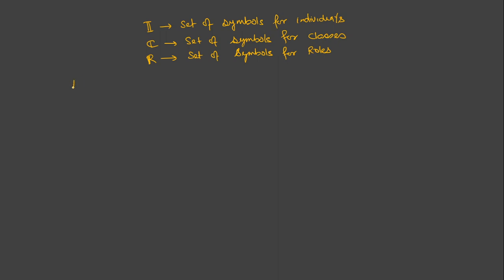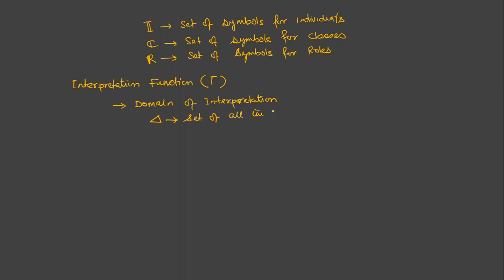Now, how do you define this interpretation function? We are defining interpretation function gamma, right? So for that, we need to have a domain of interpretation. This domain of interpretation we represent with delta, and this is the set of all the individuals, right?